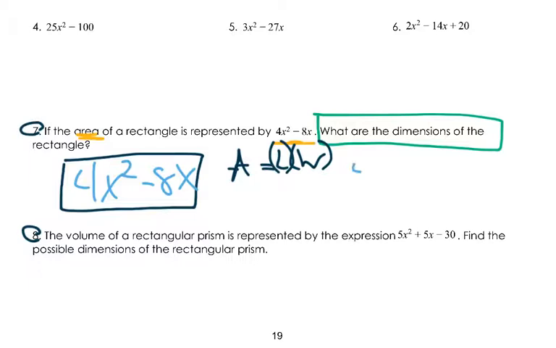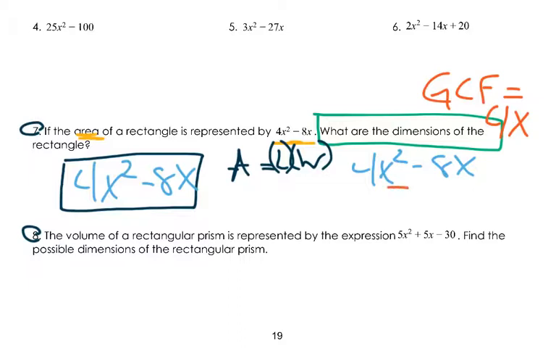I'm going to rewrite it, 4x squared minus 8x. The first thing I'm going to check for is the GCF. 4 and 8 have 4 in common, and x squared and x have x in common.